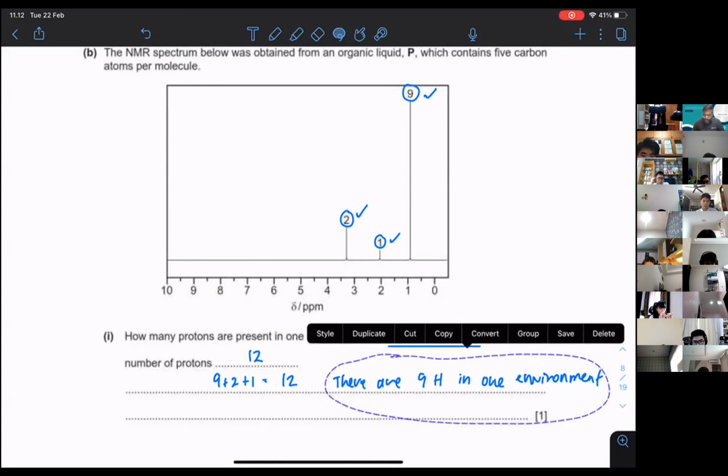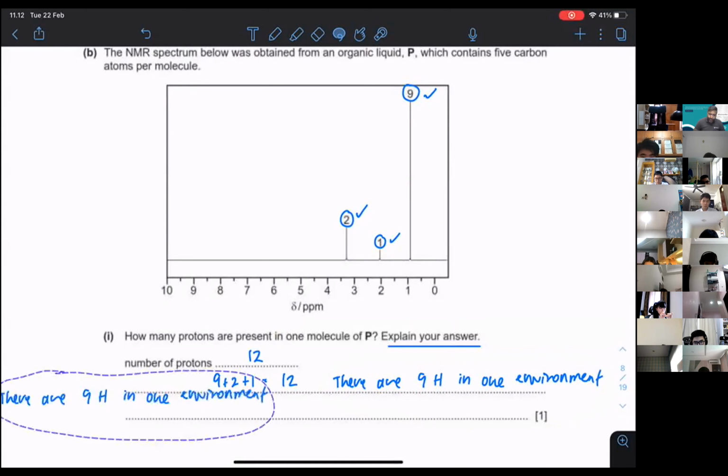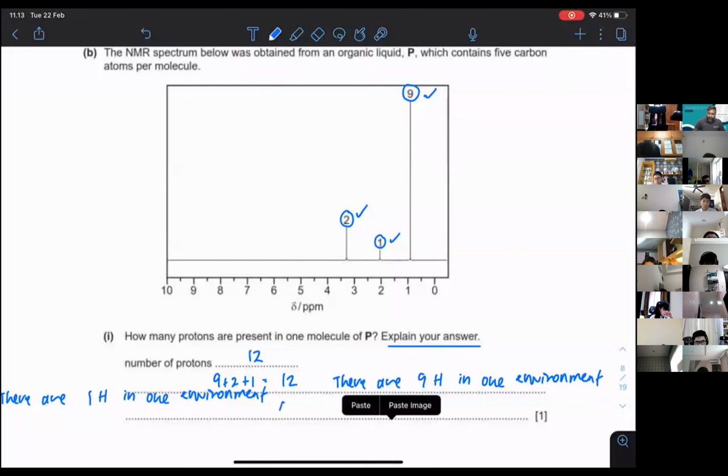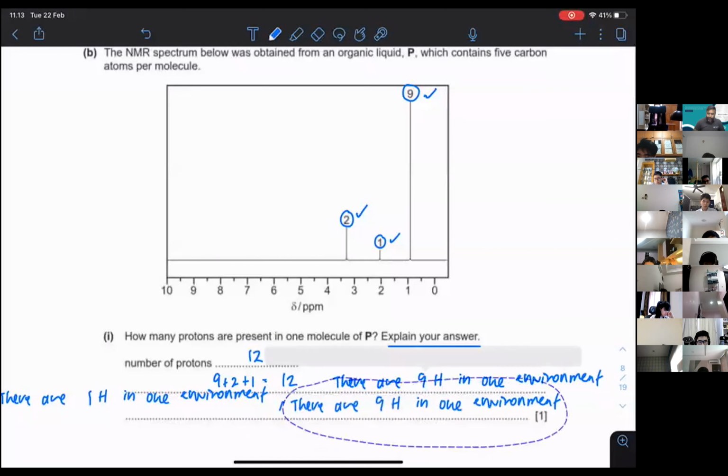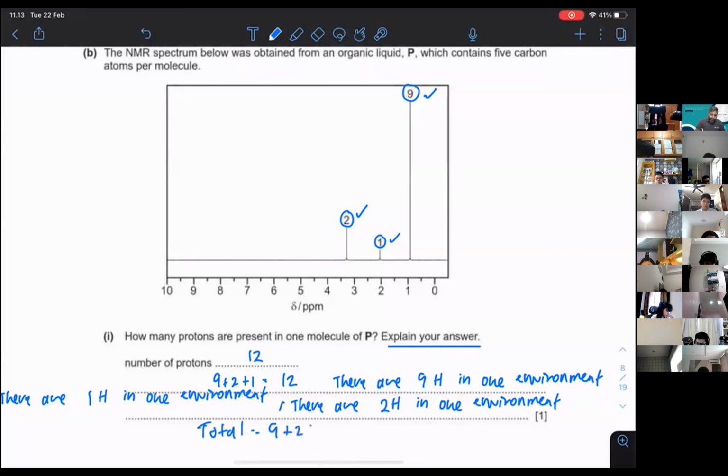There is going to be 1 hydrogen in one environment, and then another 2 hydrogens in another environment. In total, 9 plus 2 plus 1 equals 12. That's it, that is how you explain. This is how you get the number of protons.